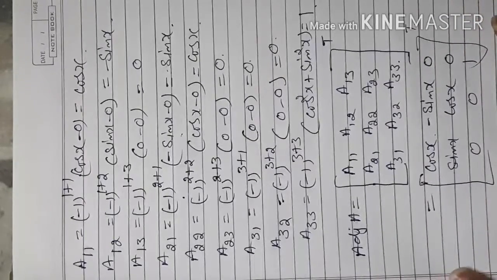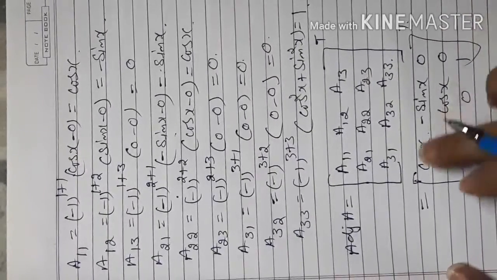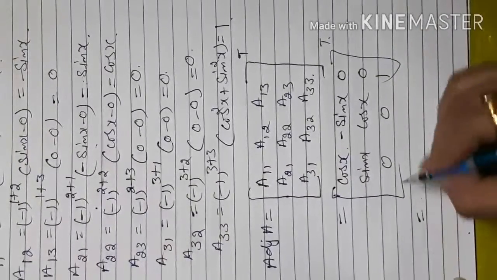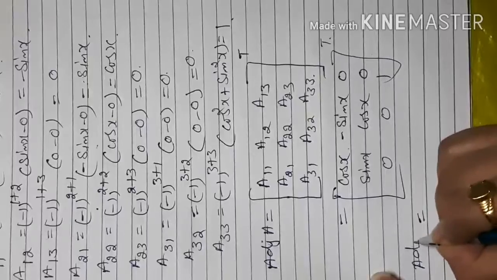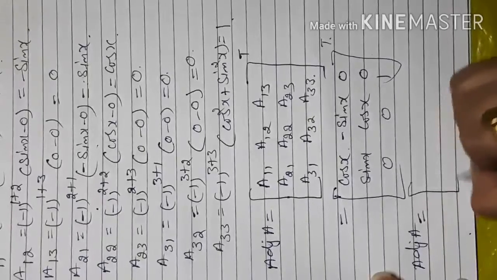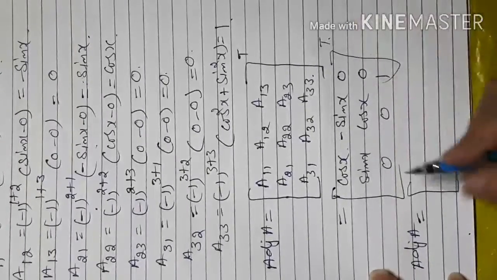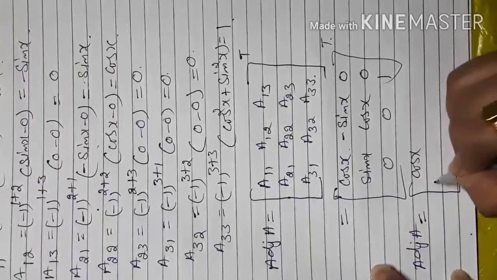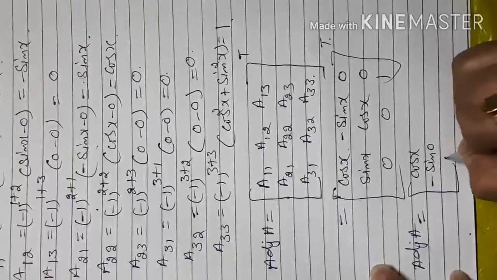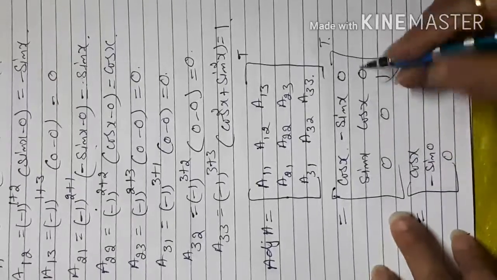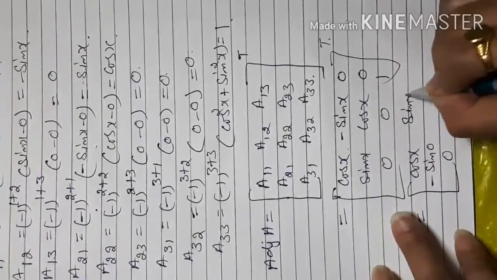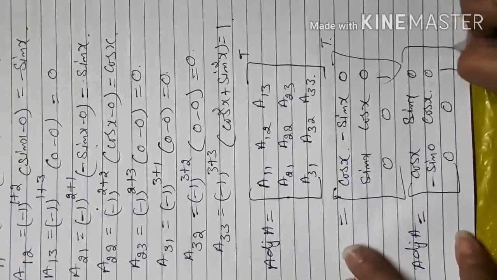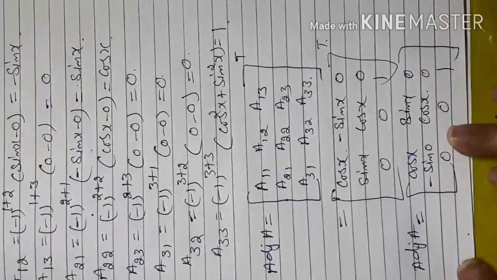After transposing, when you change this row into the column, what will be the actual adjoint A? Now you remove this one, and you change this row into column, so that will be cos x, sin x, 0. The second row becomes second column: minus sin x, cos x, 0, and 0, 0, 1. So this is my adjoint A.